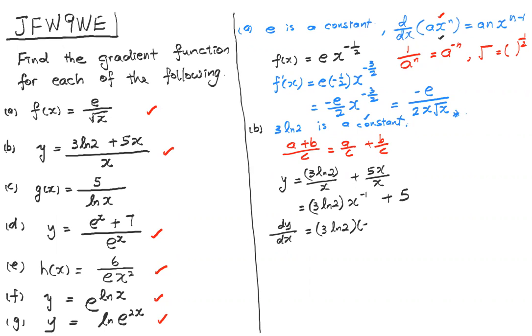Multiply by the power, take away 1. You don't have to rush, you just do it step by step. Derivative of a constant, rate of change of a constant is 0. So I got this, negative 3 ln 2 divided by x squared.